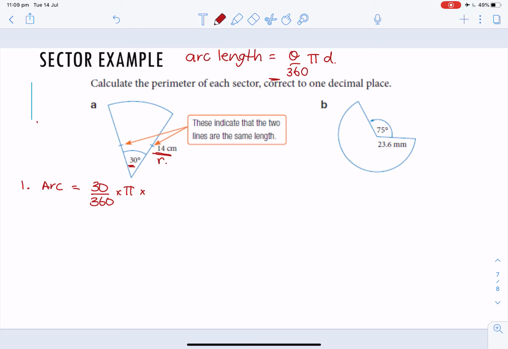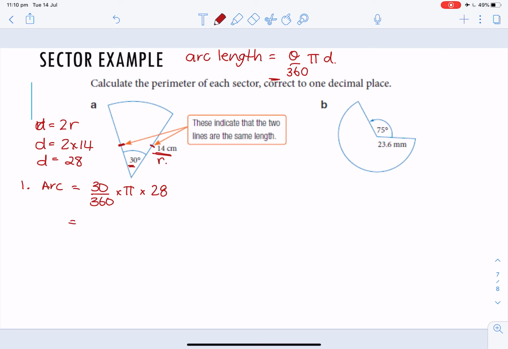Remembering that my diameter is equal to 2 times my radius because I've got 2 sides. These little lines here indicate that the 2 sides are the same length. So D is equal to 2R, D is equal to 2 times 14, therefore my D value is equal to 28. So I'm going to put 28 down the bottom here and substitute that in.